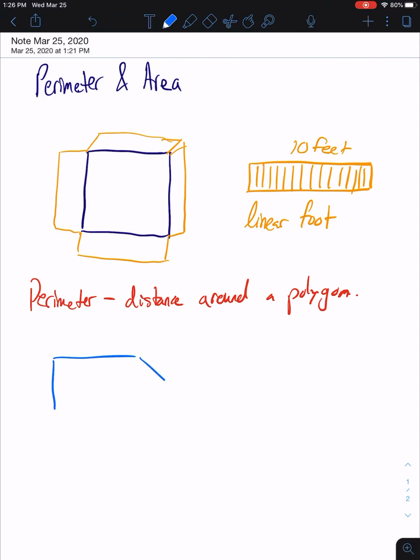If I have a shape, let's say I have the following shape, and I know that this side is 3, this side is 5, this side is 8, and this side is 4, well, the perimeter is simply going to be equal to 3 plus 5 plus 4 plus 8. We're just going to add up all the sides.